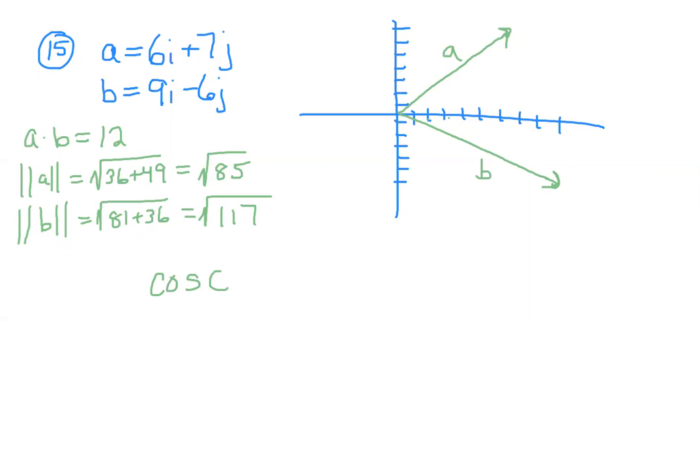So cosine theta is 12 over the square root of 85 times the square root of 117.